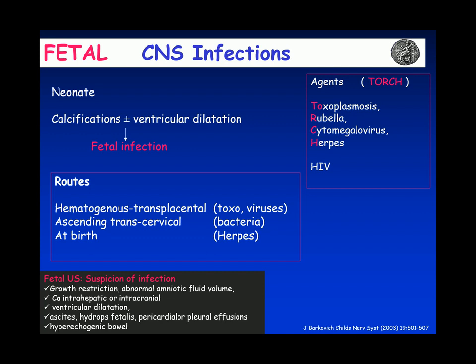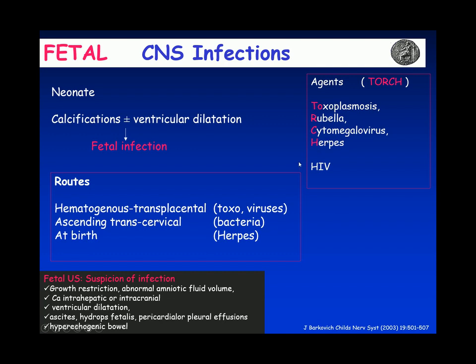What about the agents, the infecting agents? You should remember the acronym TORCH, where TO stands for toxoplasmosis, R for rubella, C for cytomegalovirus, and H for herpes. And to this acronym, you should add HIV.